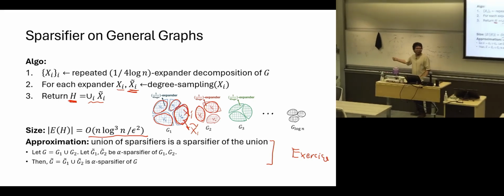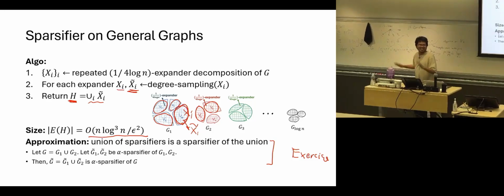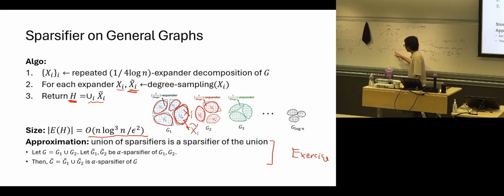Each edge is partitioned into one of G1 or G2, so each edge that crosses the cut must appear in one of these.